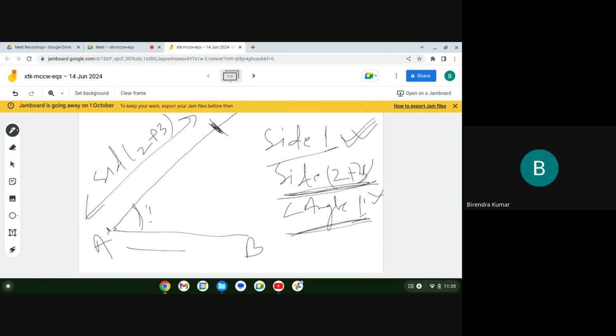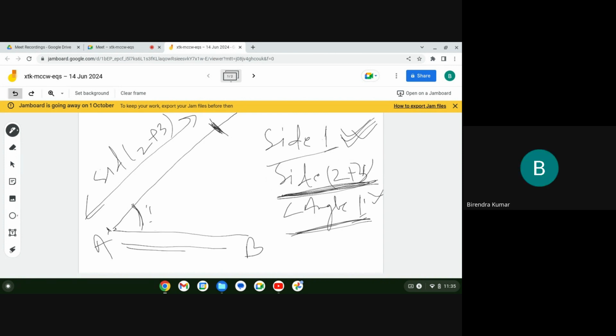Now I have side 1, whatever was given to me, drawn as my base, and whatever the angle given, that angle I have drawn. And on that line which is making that angle, I have marked where it is the sum of the two sides.